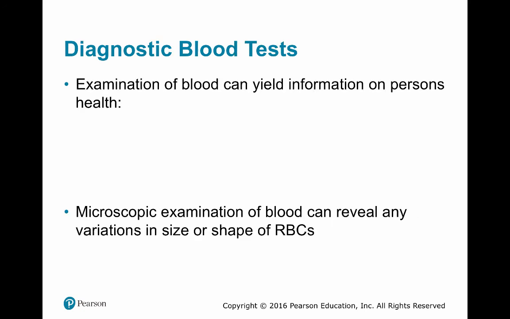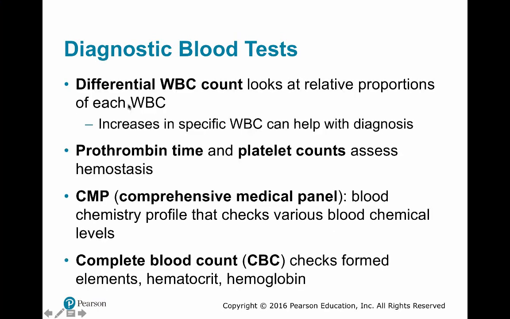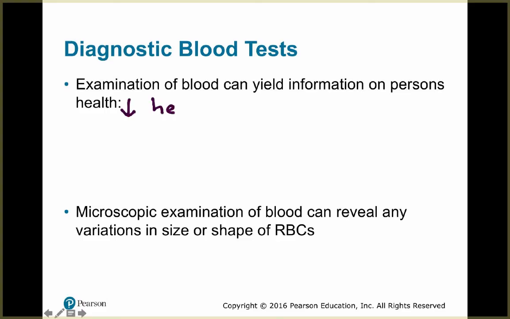Now the cool thing here is you can use diagnostic blood tests to examine a person's health, right? And so you can look at blood tests, and for instance, if you have low hematocrit, you can basically say, I think someone has anemia, right?